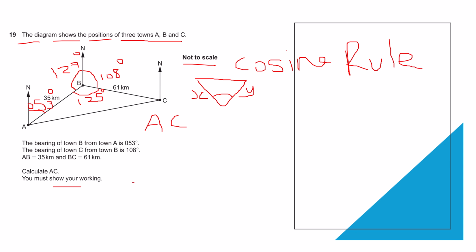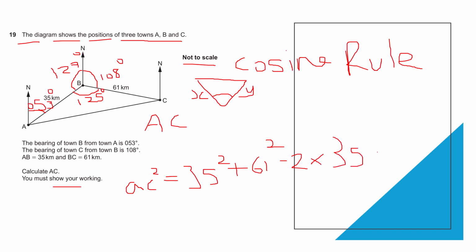So it's going to be AC squared equals AB squared, so that'll be 35 squared, plus BC squared, 61 squared, minus 2 times 2 side lengths, so minus 2 times 35 times 61 times cos of my angle, so times cosine 125.